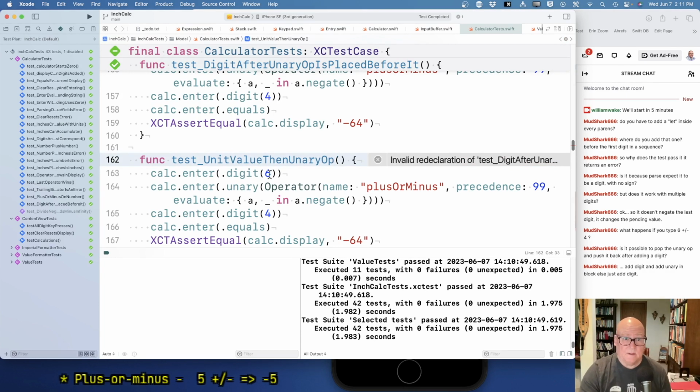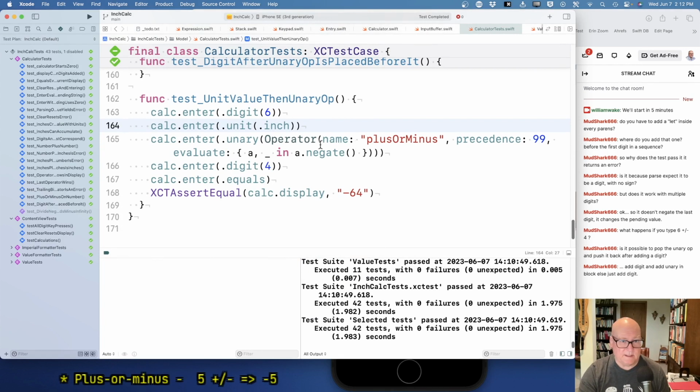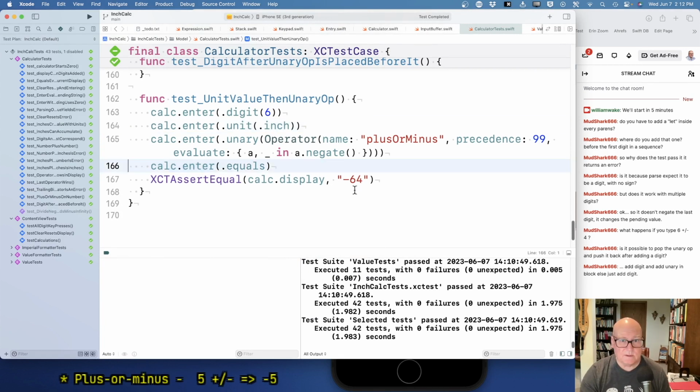Okay, so let's do 6 inch. We'll do plus or minus. Negate is fine. We'll skip that. Equals. And this should be minus 6 inches. 6 inch negated equals minus 6 inches.